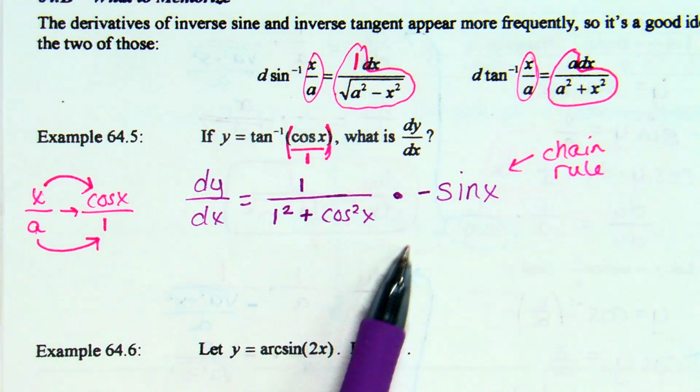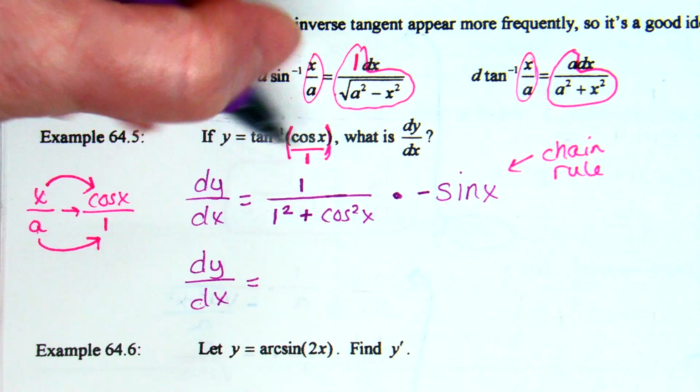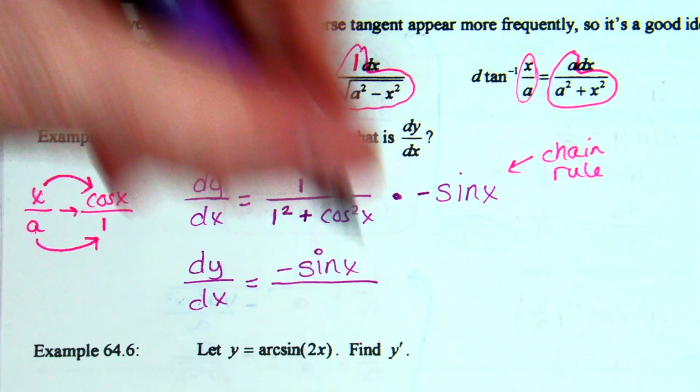But we can't here, so all you can do is just make this a fraction. dy dx. If I multiply 1 times negative sine x, that's going to be negative sine x over 1 squared, which is 1, plus cosine squared x. If there was an identity or something that could simplify something, yes, by all means take it. But there's not here.